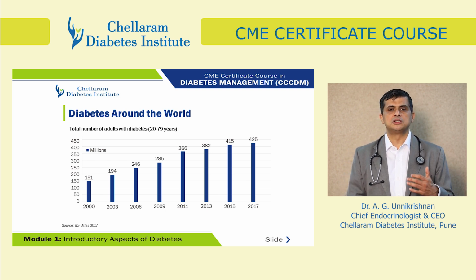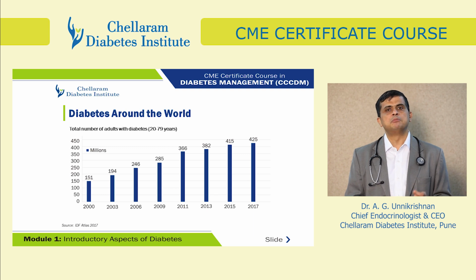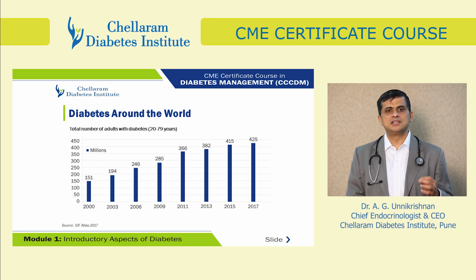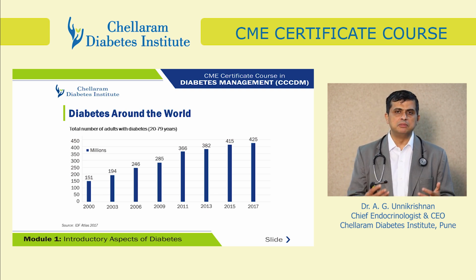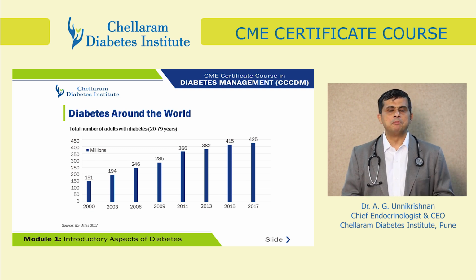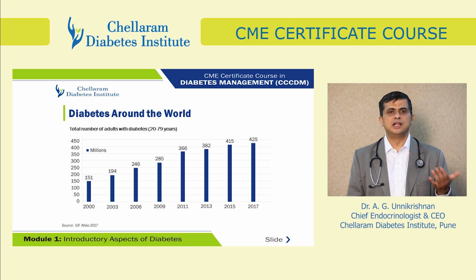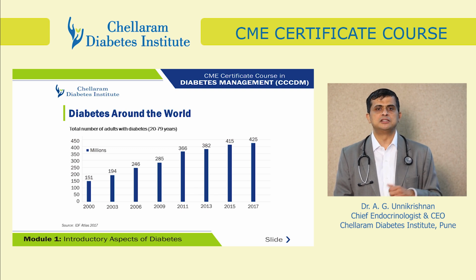And from 2013, we now look at the year 2017, which shows a staggering number of 425 million people with diabetes, adults between the age of 20 to 79 years with diabetes across the world. And you will agree with me that this presents a public health crisis for the world, because the increasing occurrence of diabetes is linked to the increasing occurrence of diabetes related complications and mortality.